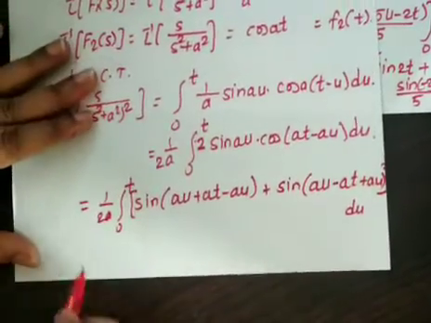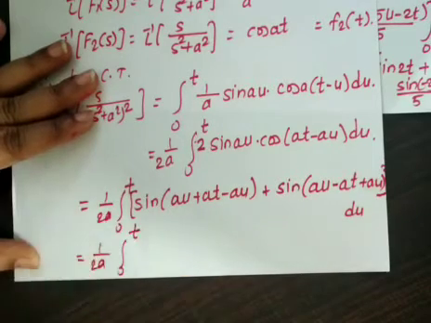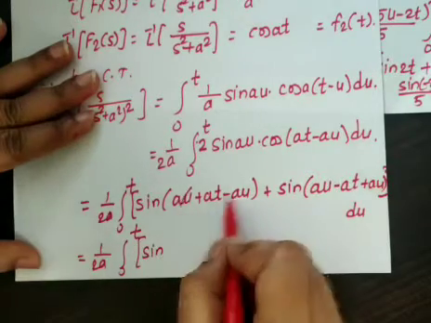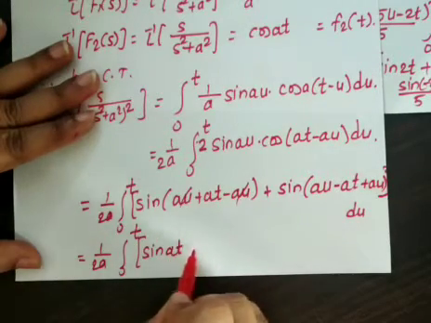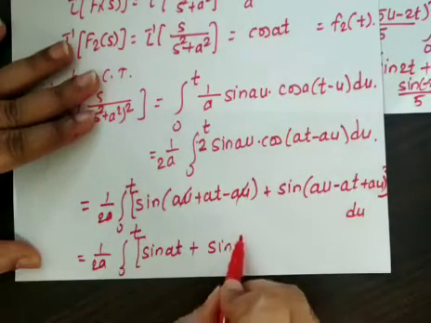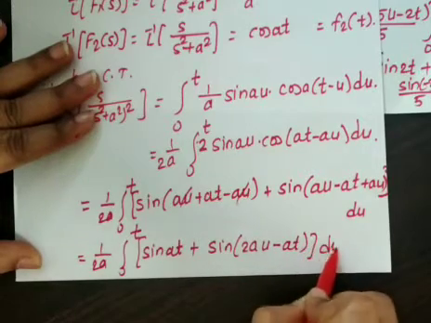That is equal to 1 upon 2a integration 0 to t, with au minus au cancelling, sin at plus sin(2au minus at) du.